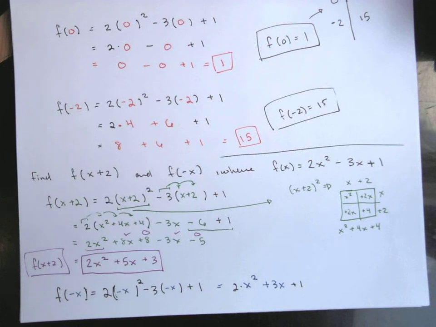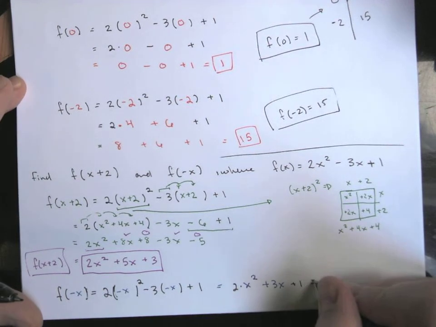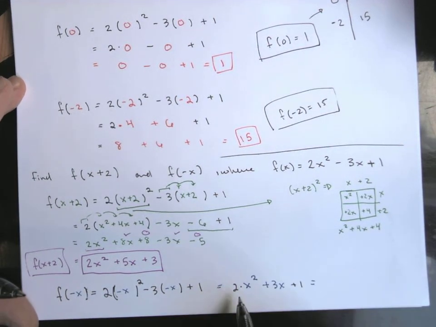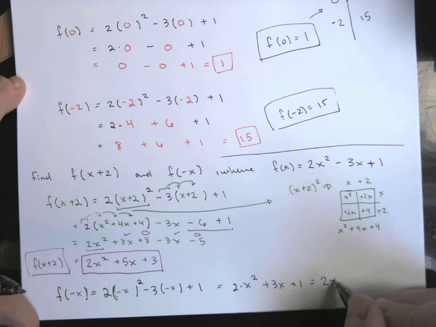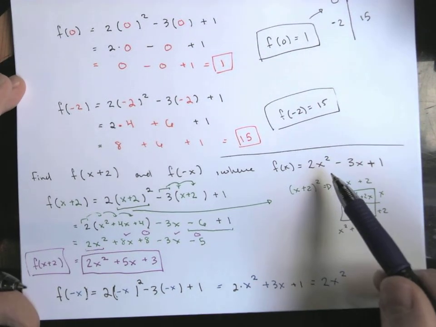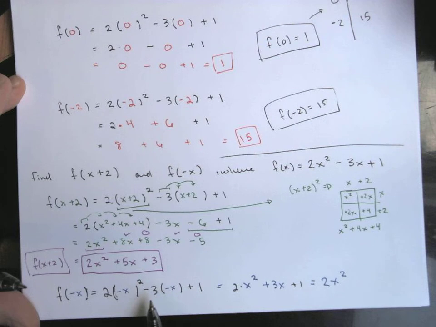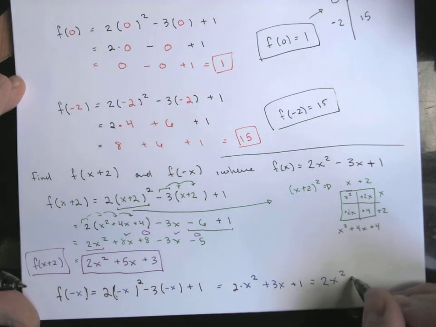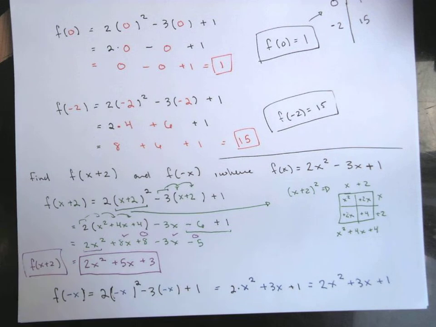So what I get is a very minor alteration to what we had started with. 2 times x squared is just 2x squared. That's essentially the same as what we had started with in the original formula. What happens here is the negative x times the negative 3 becomes positive 3x. And then this guy is plus 1.